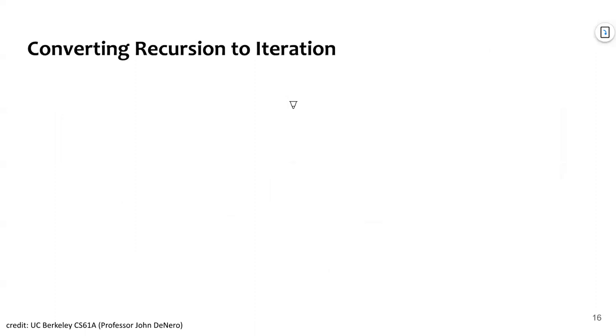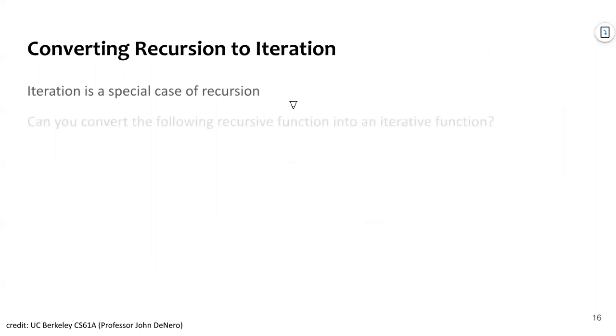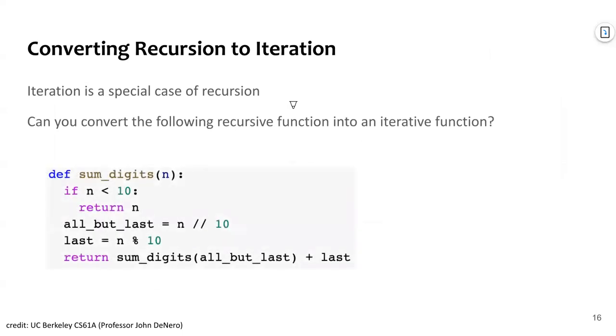And how can you convert recursion to iteration? Iteration is a special case of recursion. And can you convert the following recursive function into an iterative function? So I'll give you some minutes and try to convert this recursive function into an iterative function.